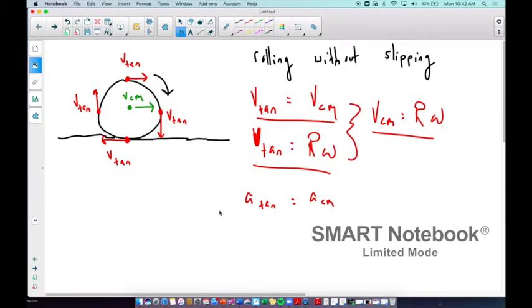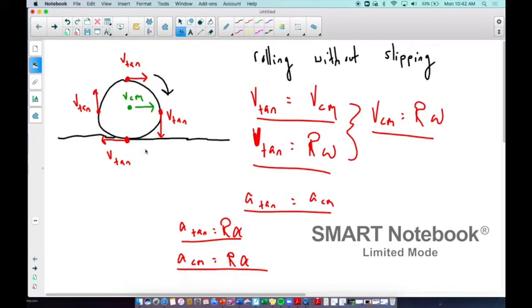All right. And again, we know that any tangential quantity is equal to the angular quantity multiplied by the radius. And then, of course, this also has got to be true. So all of this is true for rolling without slipping, okay? The center of mass is moving at the same speed or the same acceleration as a point tangent, all right?